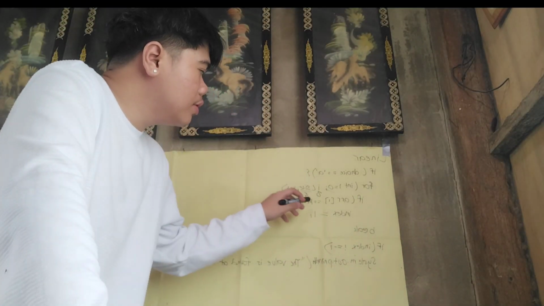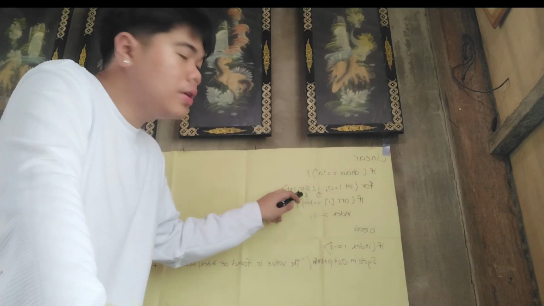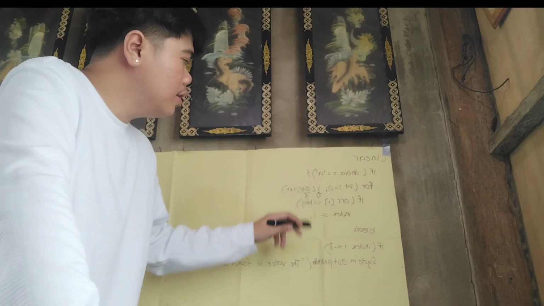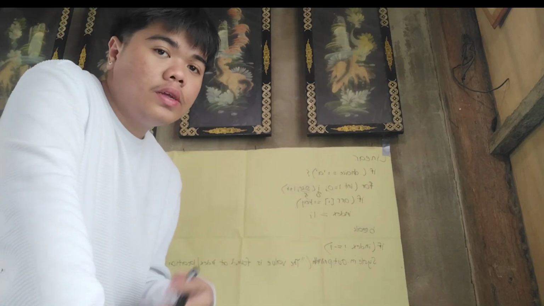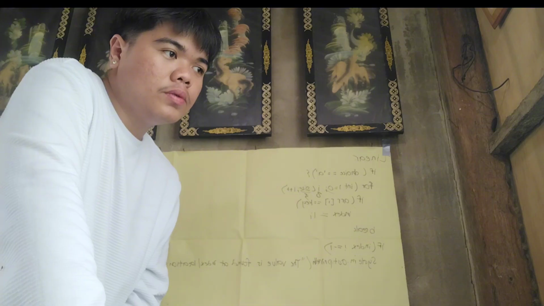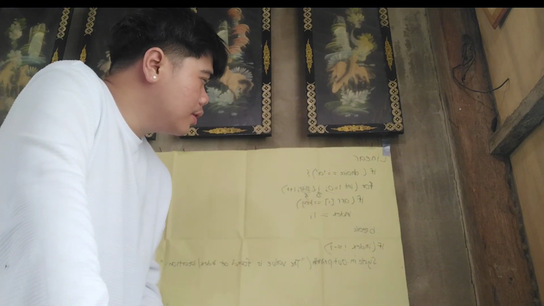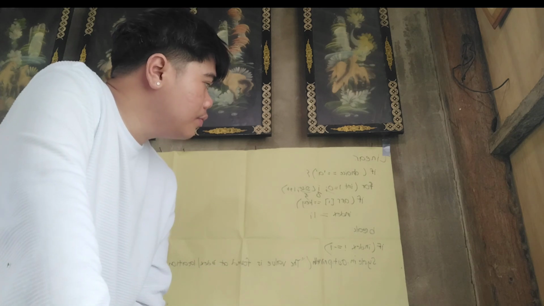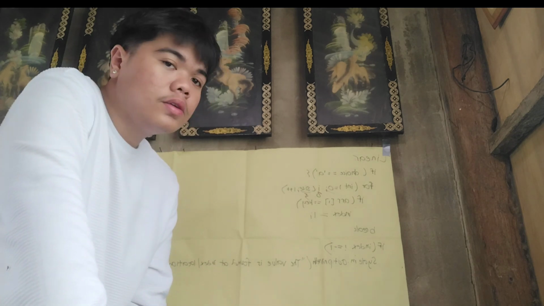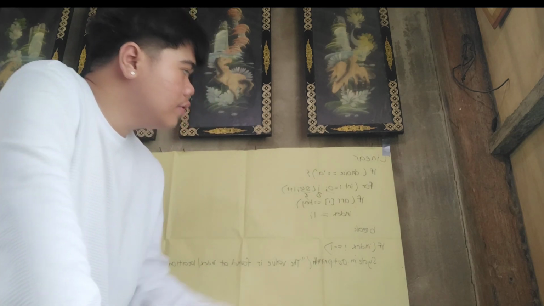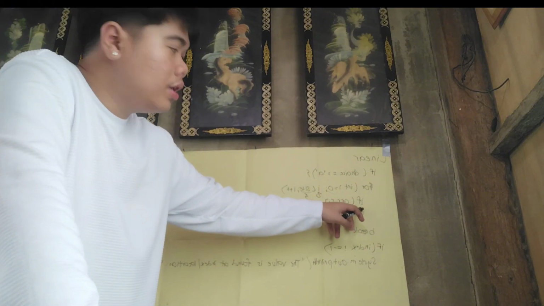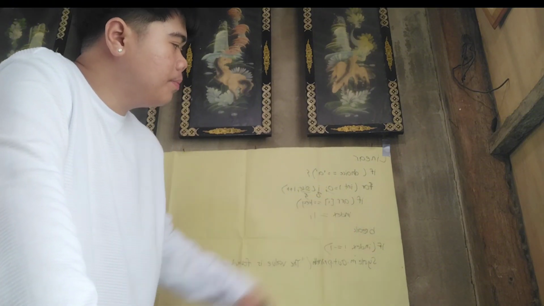Sorry sir for the interruption. So right now i is 0 and the size is 5, right? So 0 is less than 5, which is true. So the compiler will run the if statement.